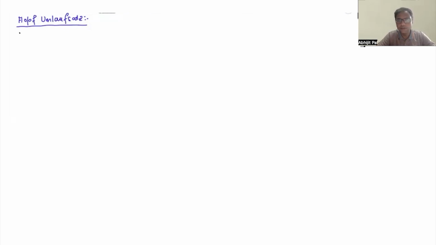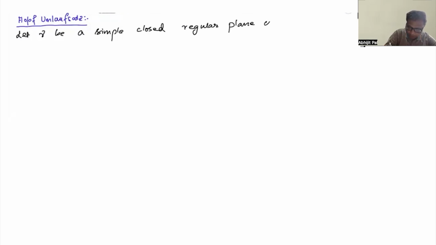So in this lecture, we'll give a sketch of proof of Hopf's theorem of rotation index of a simple closed planar curve. Let me first write down the statement. Let gamma be a simple closed regular plane curve.